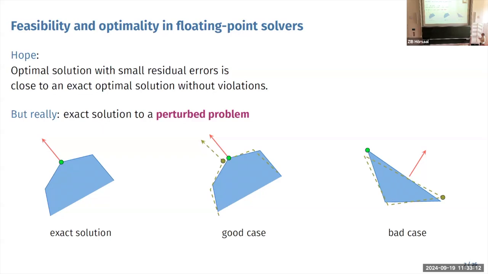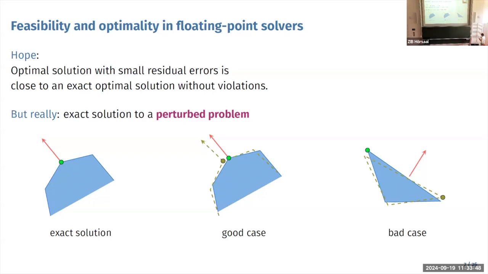But that's actually not the mathematically correct interpretation of what a solution with numerical errors is. A solution with numerical errors is actually an exact solution for a perturbed problem. So if you somehow add the error to the problem definition, then your solution is actually feasible. And here you don't really see that this makes a difference, but there are certainly cases where it can. So you see that the violation of this brownish point can be very small.